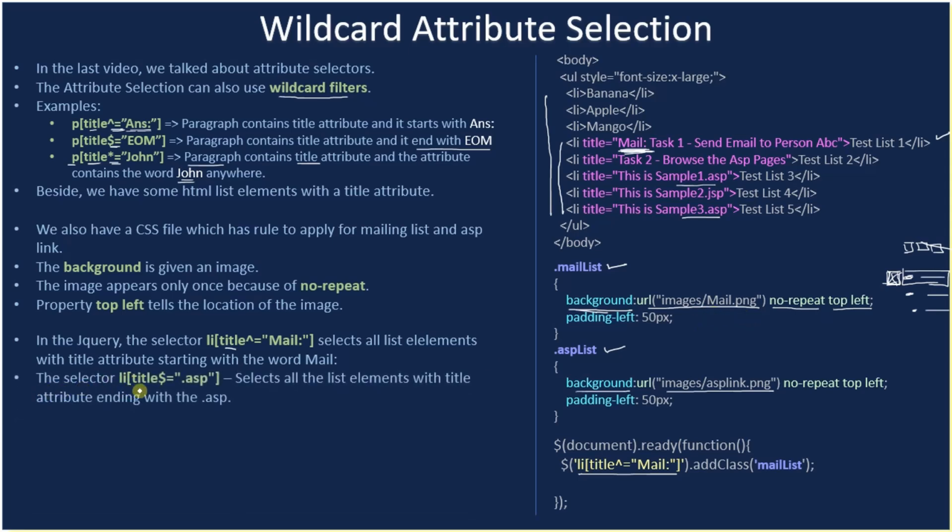The selector li title dollar equal to .asp means select all list elements with the title attribute ending with .asp. And if you see here, there are two titles that end with ASP.